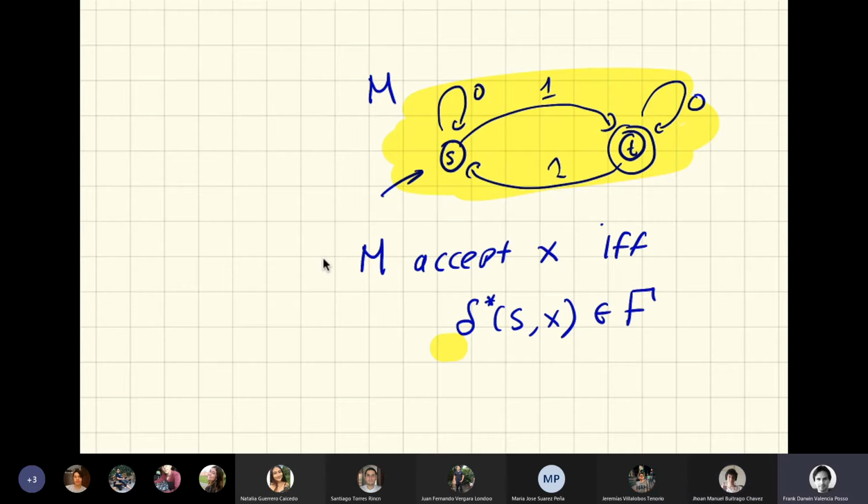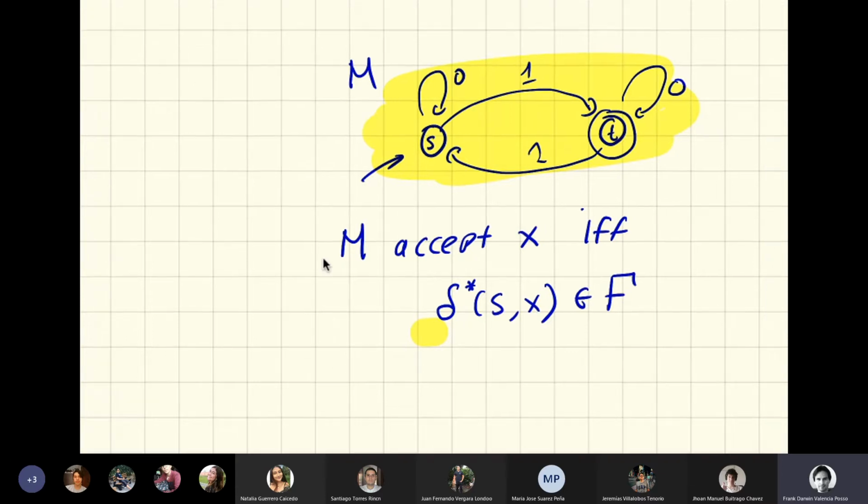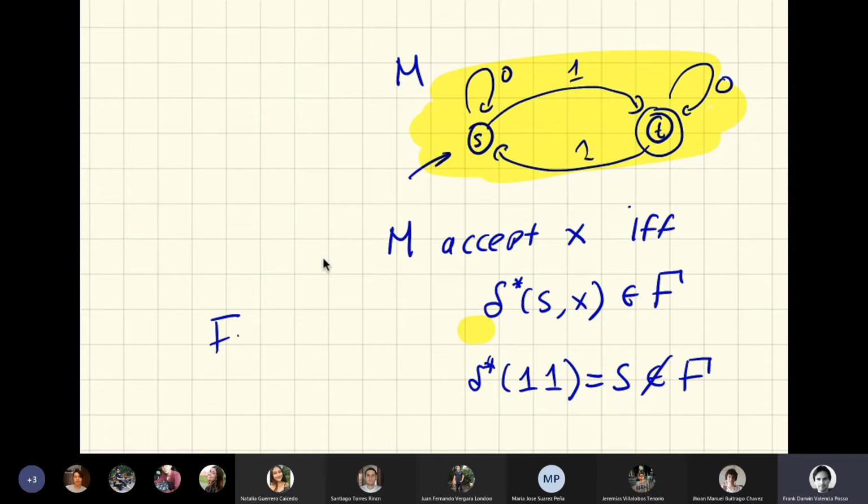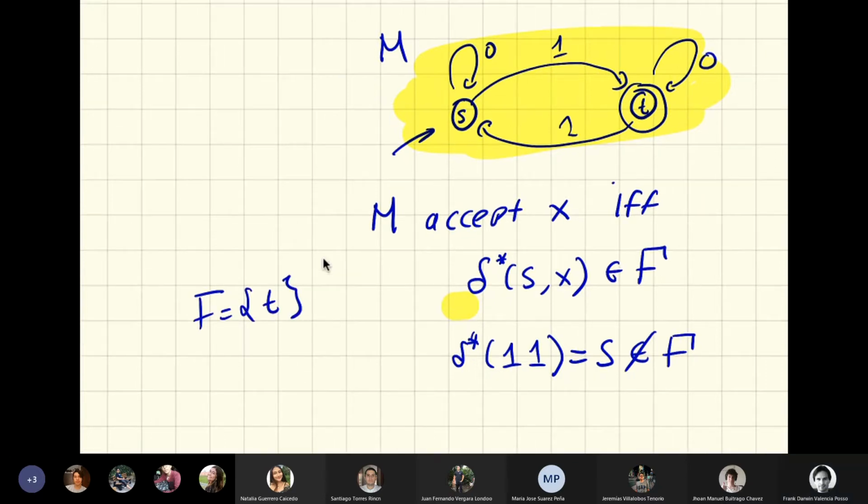Exactly, if starting from the initial state, X leads you to a final state, okay? In that case, for example, we can see that delta hat of 1 1 is equal to S, and S is not in F, because here my F will be, sorry, T. So 1 1 will not be accepted.